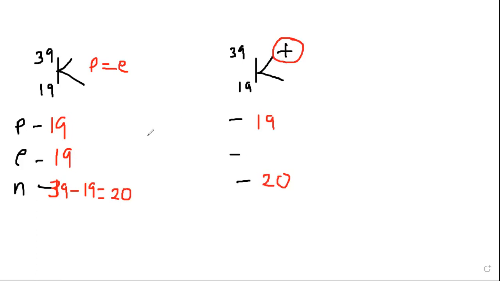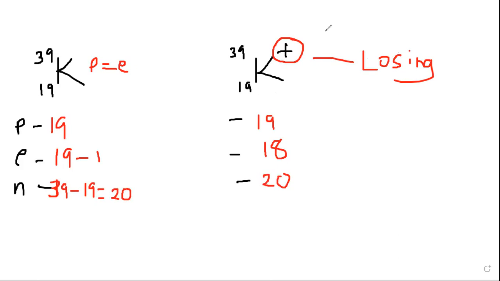This simply means that from its initial 19 electrons, it is going to lose 1, and therefore this becomes 18. So whenever you see a positive, always think of losing. This is what happens in a cation: there is always a loss of electrons or an electron, depending on the valence number of the particular atom that you're discussing.